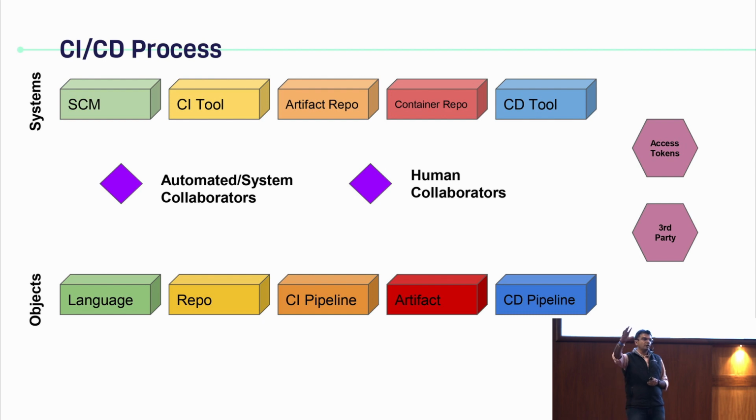If you see on the top side, these are systems, and you correlate that to the objects that are using these systems. If it is SCM, what does it use? Languages. GitHub will store code of multiple languages, and it also uses languages for its interpretation, its integrations, and so on.